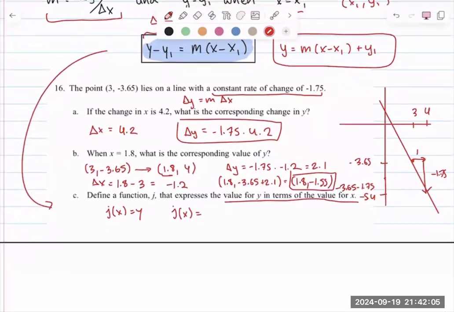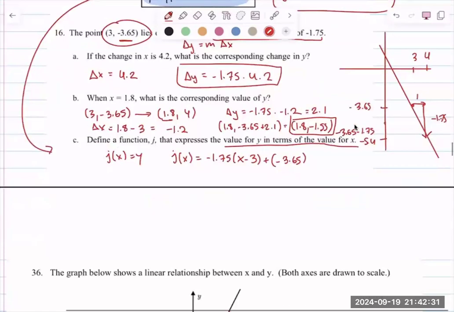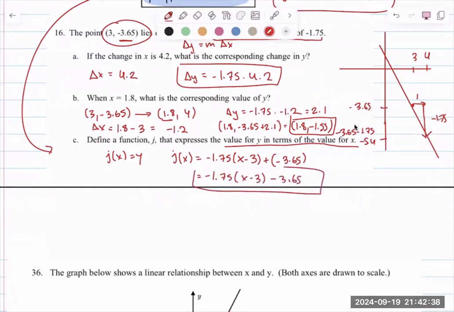That's just going to be m times x minus x1, so negative 1.75 times x minus 3, using the point 3 comma negative 3.65, and now plus our y value at this point, so plus negative 3.65. In other words, j of x equals negative 1.75 times x minus 3, minus 3.65. And this would be your equation.